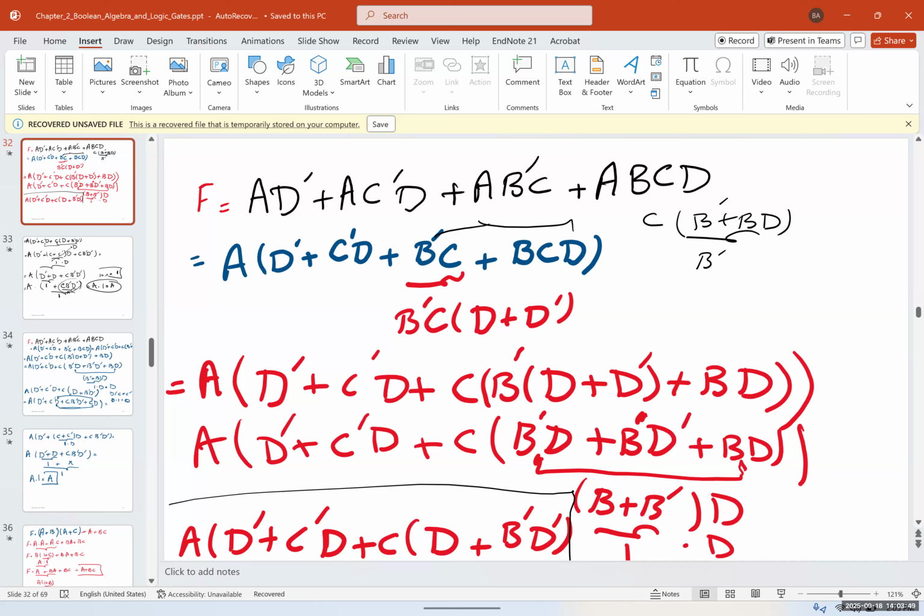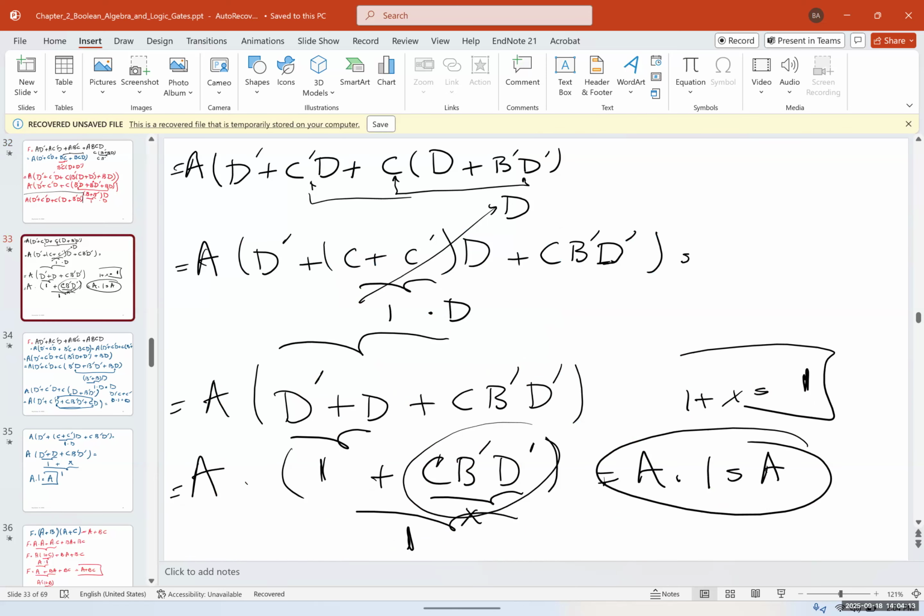So therefore, I'm going to have cb prime, and then I have d plus d prime. I can multiply everything by c now, c plus c prime, and then I would be left with 1 plus a b prime c prime, a times 1 plus b prime c prime d, and 1 plus anything would be equal to 1. Therefore, a would be equal to 1. A times 1 would be A.